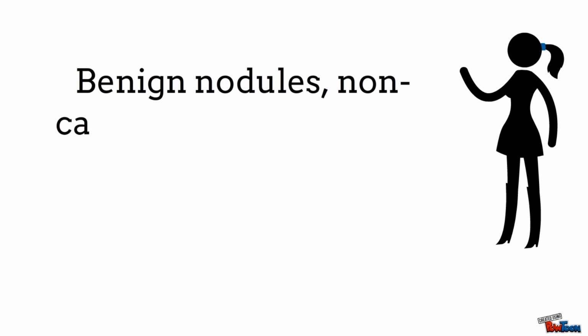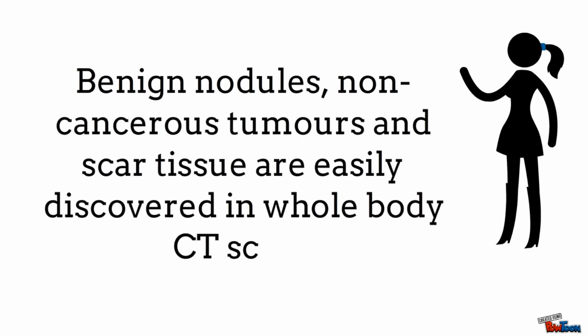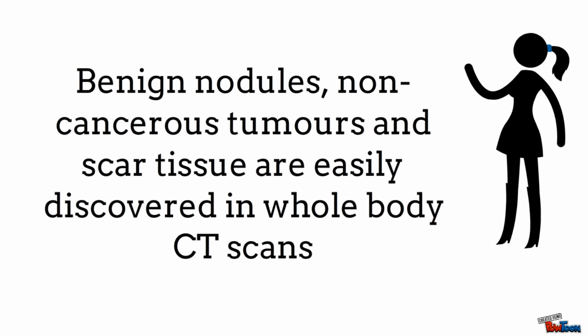While a clear diagnosis can rarely be concluded with a single whole-body CT scan, it is made possible through multiple costly and sometimes invasive follow-up tests. This is because benign nodules, non-cancerous tumors, and scar tissue from past infections can easily be discovered using whole-body scans.